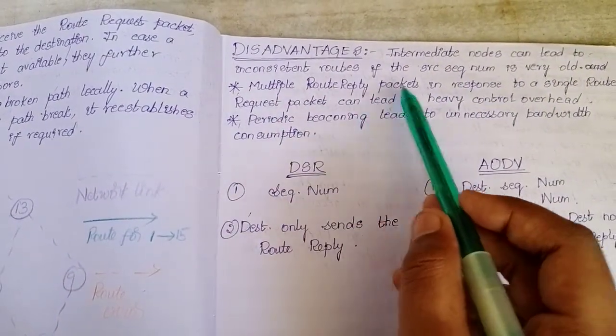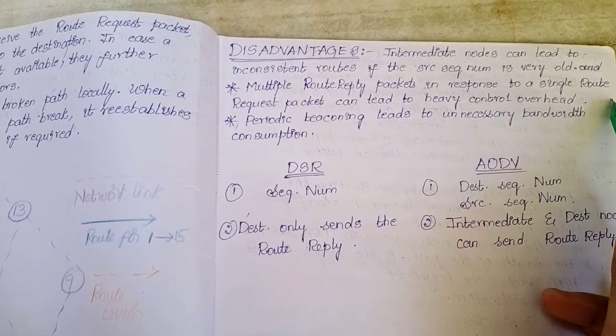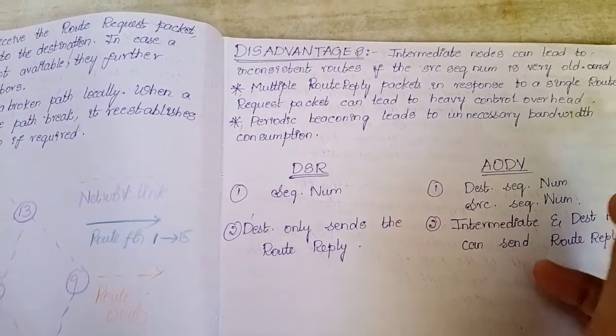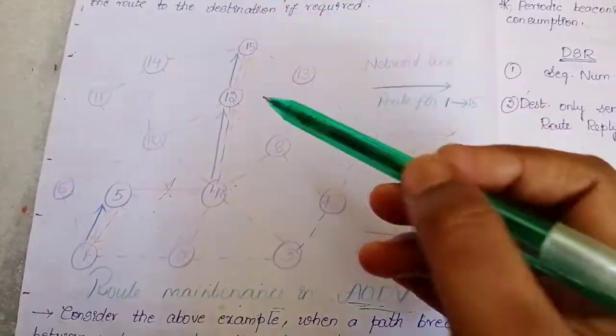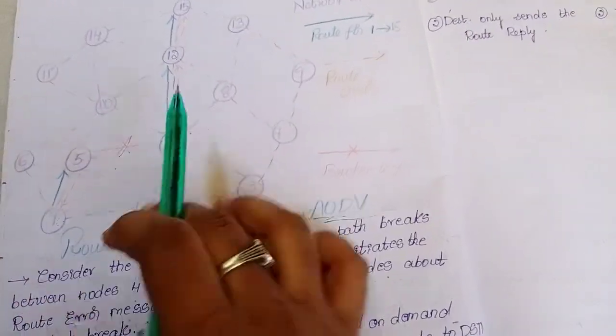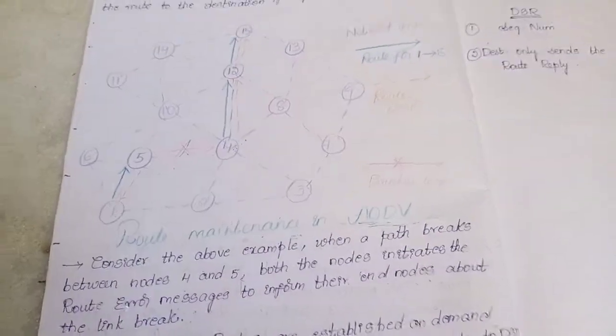Multiple route reply packets in response to a single route request packet can lead to heavy control overhead. I'll explain with an example. Let us consider there is no broken link here, we'll take the first one.